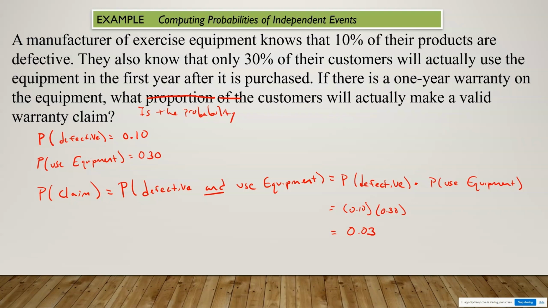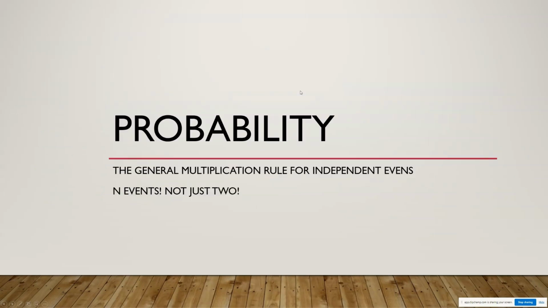So even though 10% of their products are defective, really only 3% of people will actually institute a valid warranty claim. All right, so this is just two events, defective and use equipment. We can actually expand this. This is the general multiplication rule for independent events, for n events, not just two events.